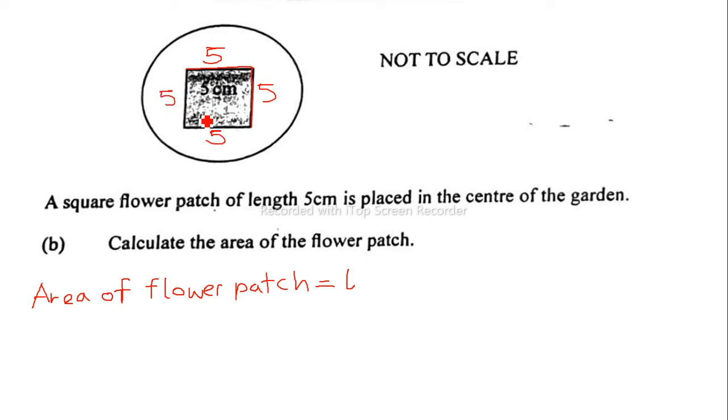So to find the area, or the space of this, that's going to be 5 times 5, which is what? 5 centimeters times 5 centimeters. It's going to be equal to 25 centimeters squared. Very good.